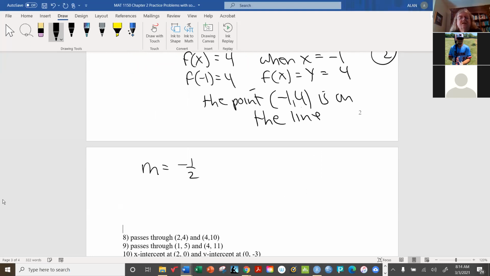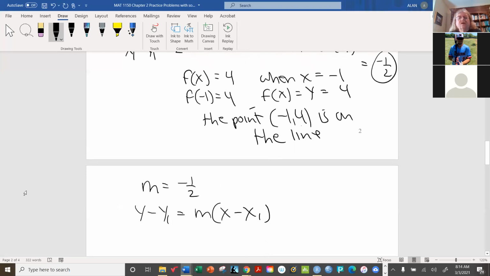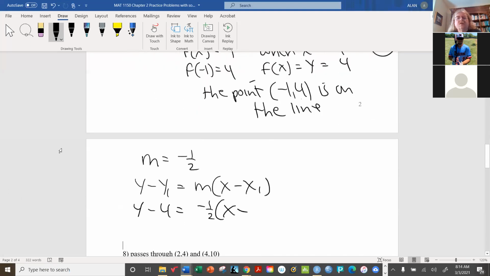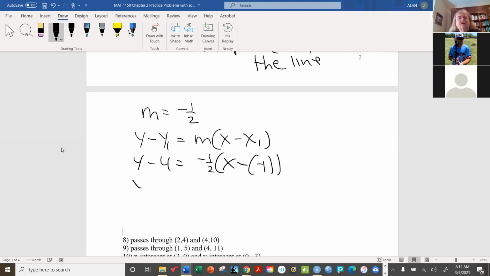So we can try y minus y1 equals m times x minus x1. Okay. So remember, y1 was 4. And x1 is -1. All right, so we're almost there. Y minus 4 equals -1/2 of x plus 1.